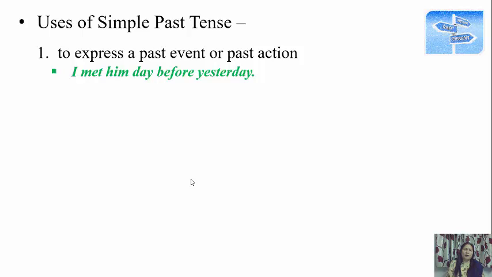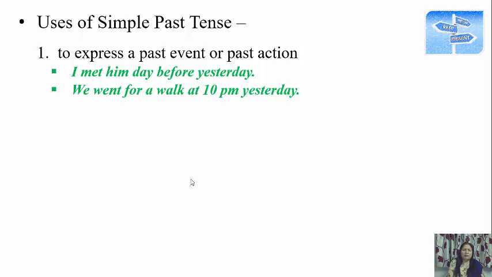So in simple past tense mostly there is some reference to time. Time can be straight away like yesterday, or time can be in reference to some other action like when I went to Kashmir or when I went to town. I bought this bag when I went to town. So it is understood when you went to town. So this is how some time reference is given. So you know when this action took place. Right. Another example, we went for a walk at 10 p.m. yesterday.